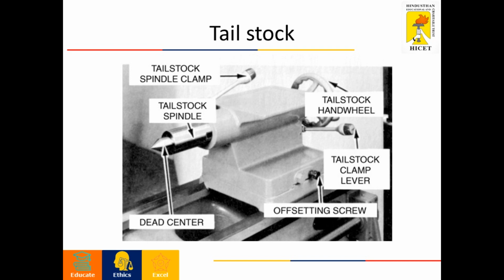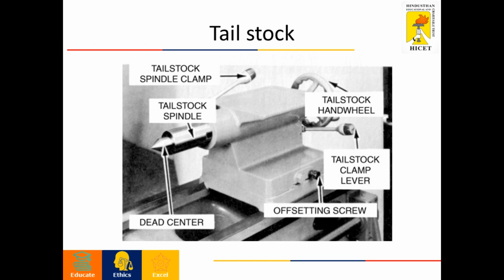For example, if we want to do some grinding or knurling operation on a lengthy shaft, the tailstock will support and hold the dead end of the component.